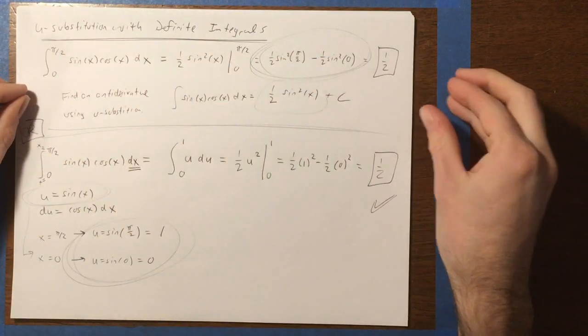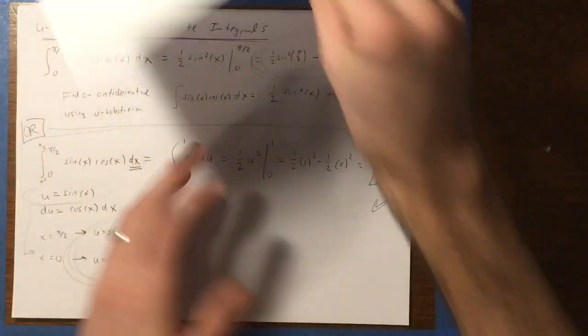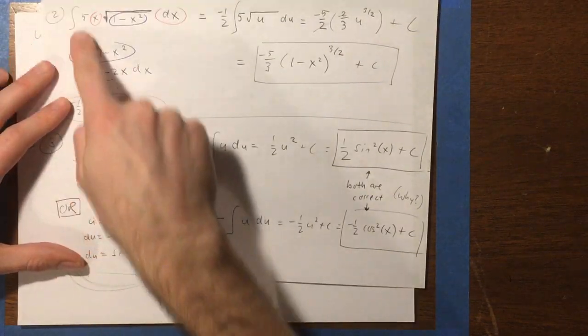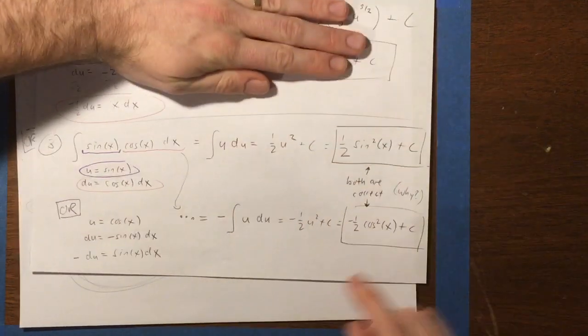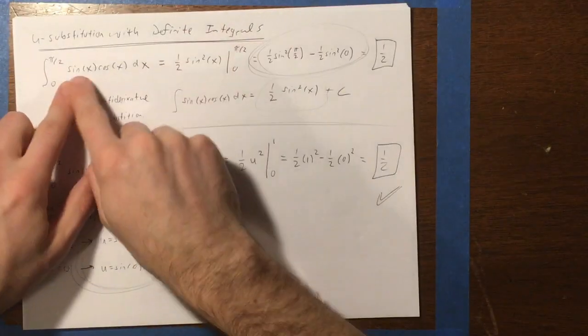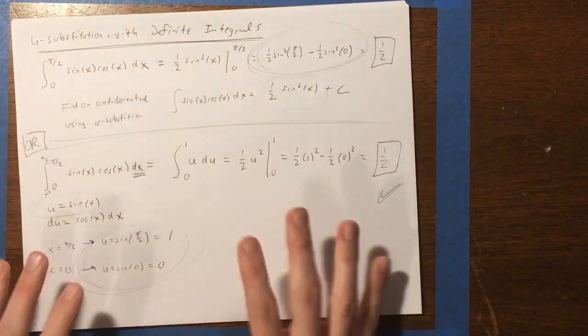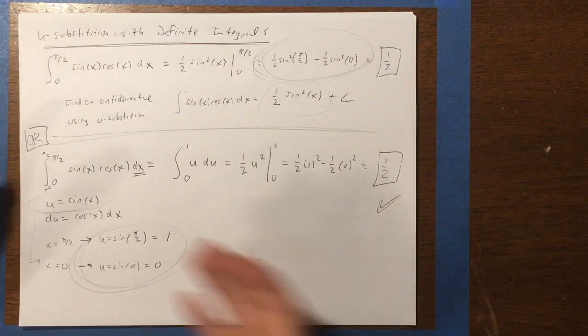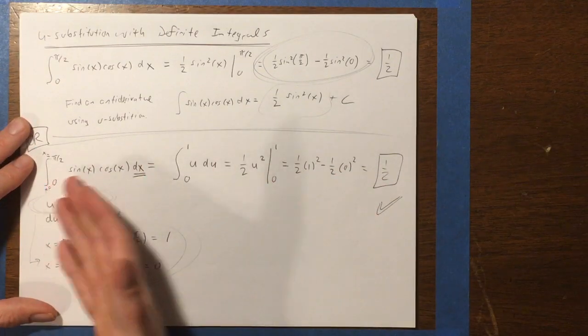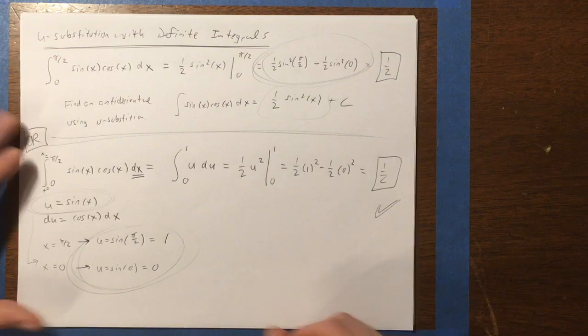Whereas with the first strategy, you need to go off onto the side and do some scratch work to find an antiderivative, and then come back to the problem and carry on with the antiderivative that you found. So the second strategy here is, in my opinion, a bit more fluid and streamlined, but you're welcome to use either one.